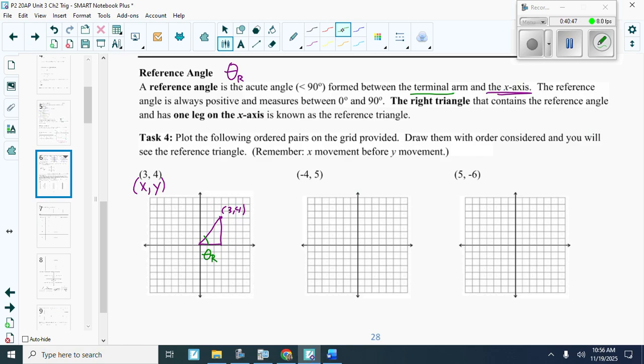So in the next one, our dot's going to be at -4, 5. We're going to draw in our reference triangle, and our reference angle is always between the terminal arm and the x-axis.